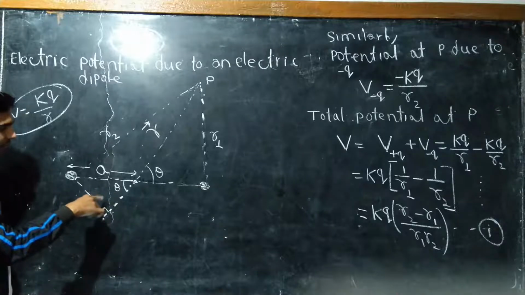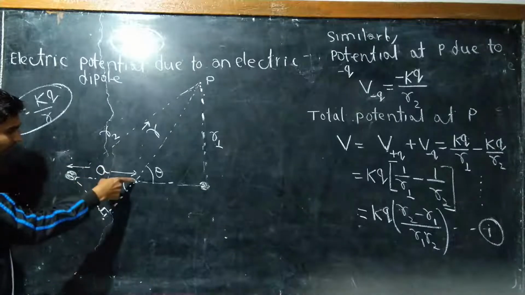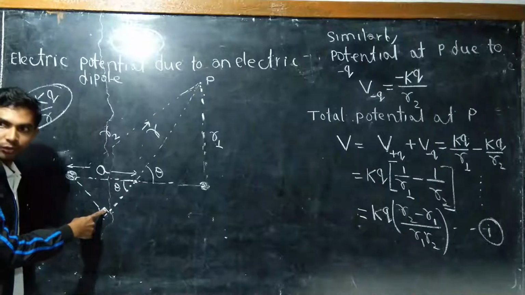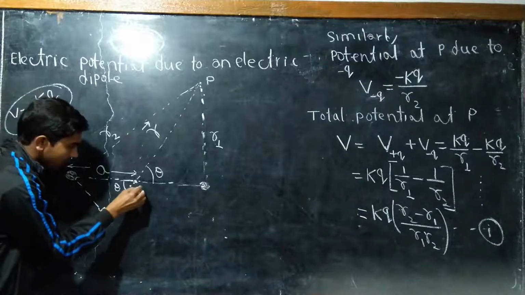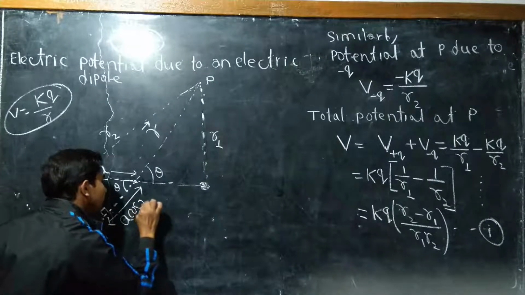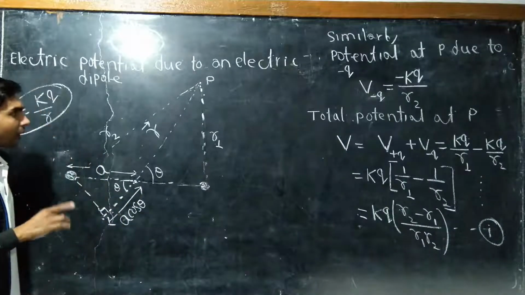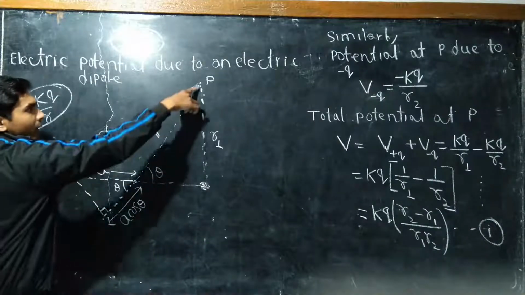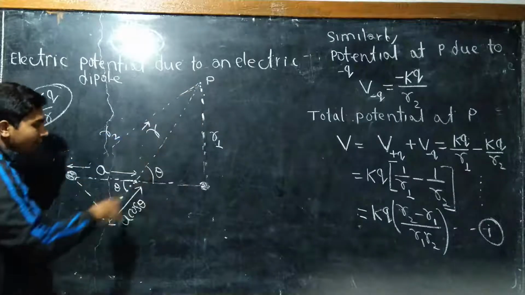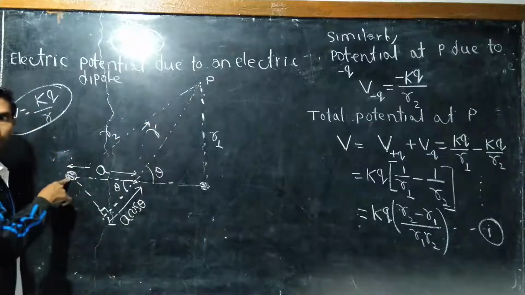Okay, so now you can see this length is A, so this length will be how much? A cos theta, right? Now why am I calculating this value? Because this length is equal to this length.